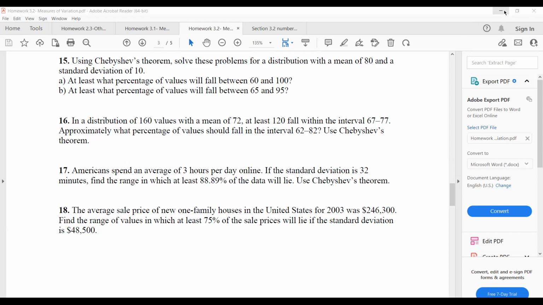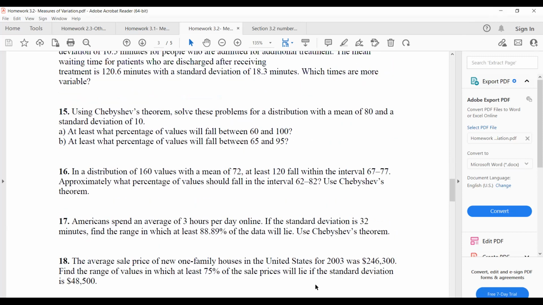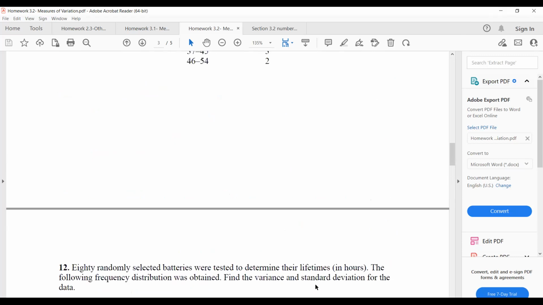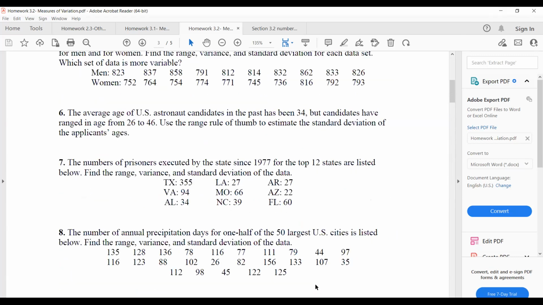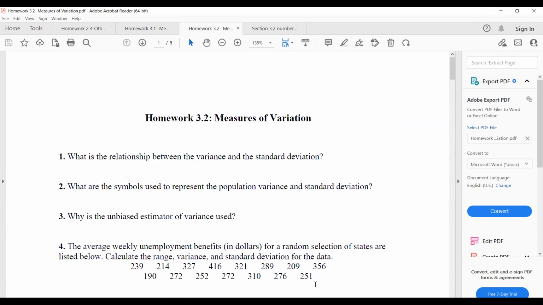Let's see if I have this open. 3.2, number 4, she said. Okay, all right, let me pull this down for folks. K would equal 3.